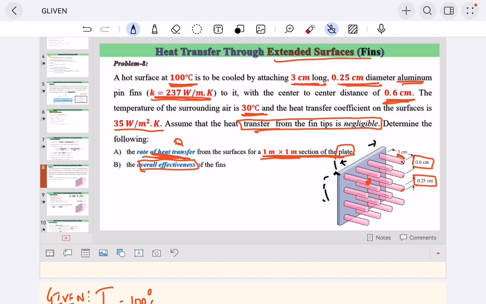Those details are not given to us. But nevertheless, we are going to assume the dimensions given to us about the fin, and we are going to calculate how many fins are available on this plate, because more number of fins means that the efficiency will go up, the rate of heat transfer will go up.